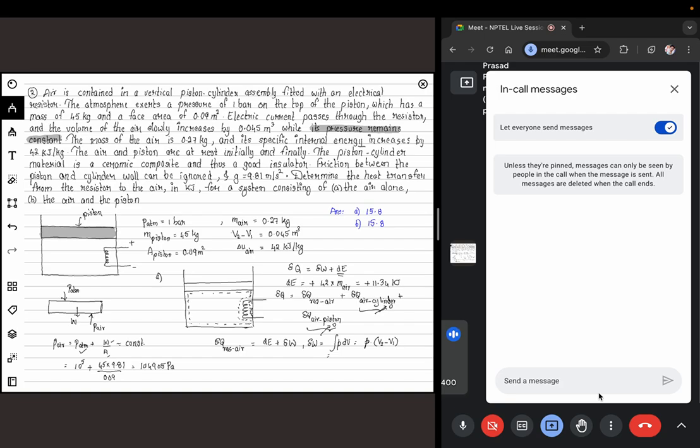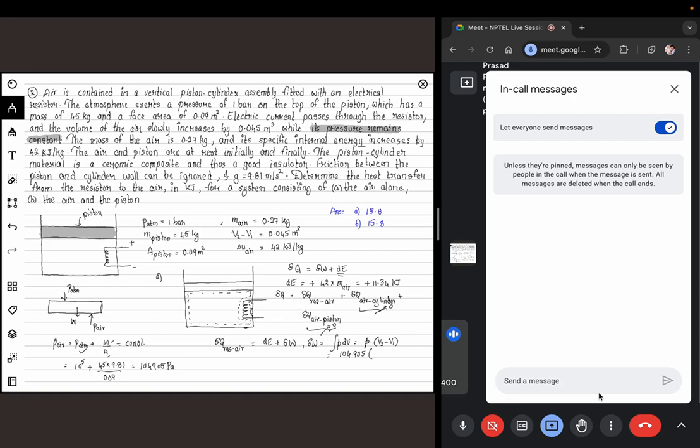Now I have the pressure of air, so I can just substitute that here, and I want it to be in kilojoule, so I'm just dividing by 1000. So I have 104.905 times (V2 minus V1). It is given that the volume of the air slowly increases by 0.05, so this is essentially the delta V that is provided here.